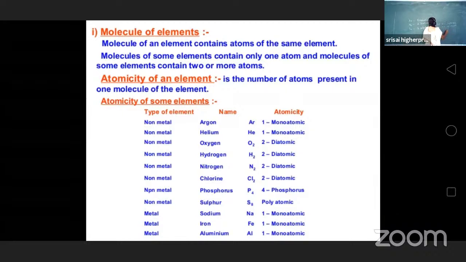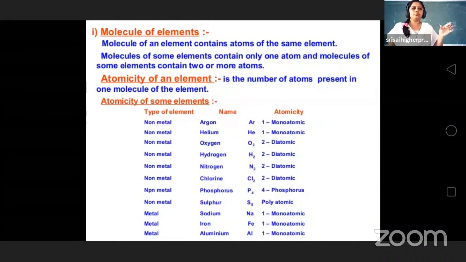Here you see in H2O, two atoms of hydrogen are present, therefore two hydrogen and one oxygen. And NaCl means one sodium and one chlorine.